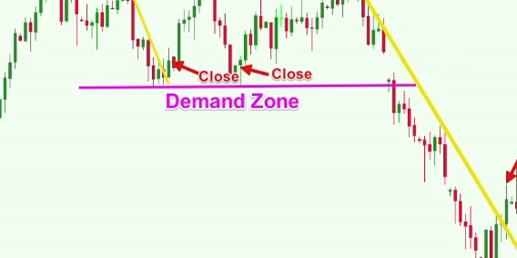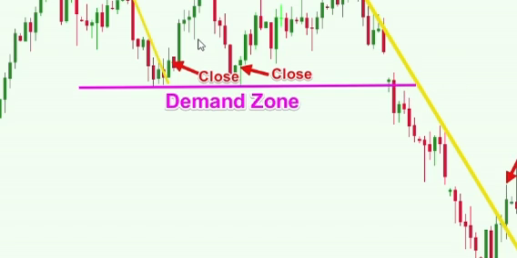If it fails to break, then the market will reverse back again, and that becomes what? The supply zone. Since the market is unable to break the previous demand zone and reverses back again to the new demand zone, the previous demand zone becomes what? A supply zone.